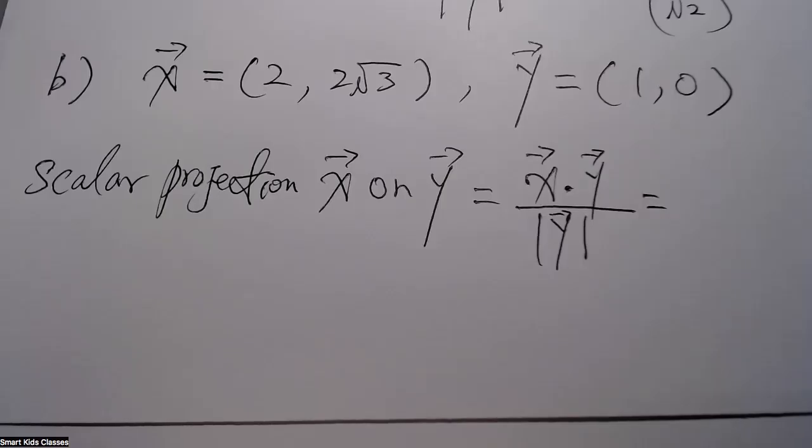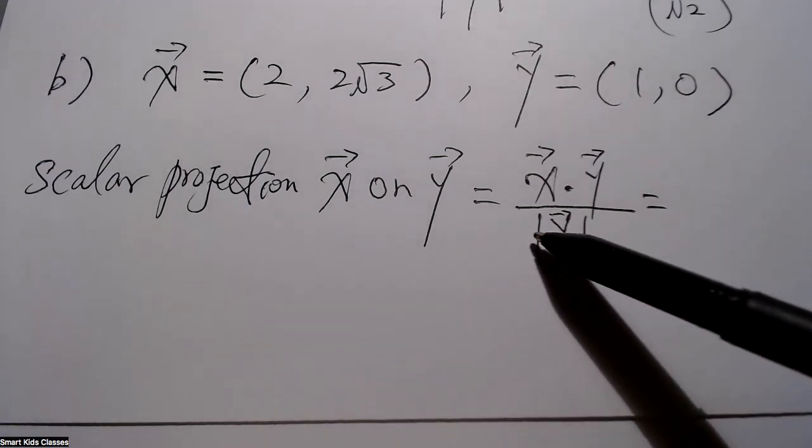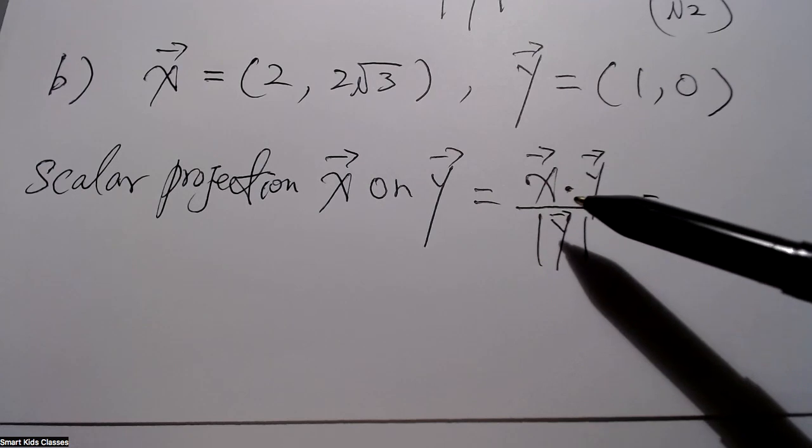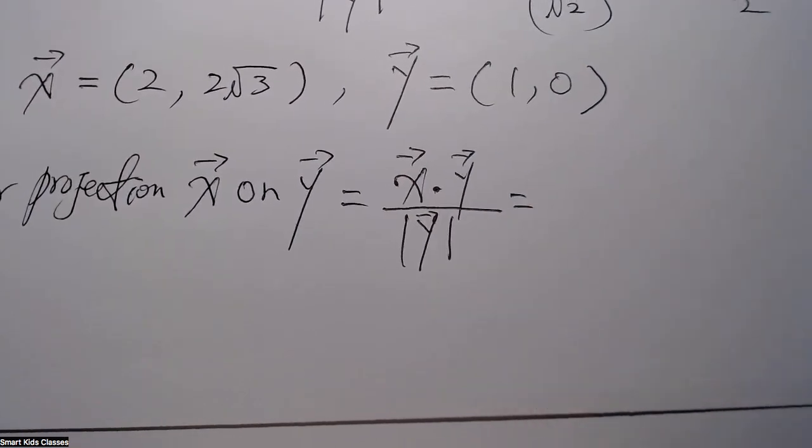Now for question B, we repeat the process. We find the scalar projection first for vector x on vector y: vector x dot vector y divided by the magnitude of vector y.